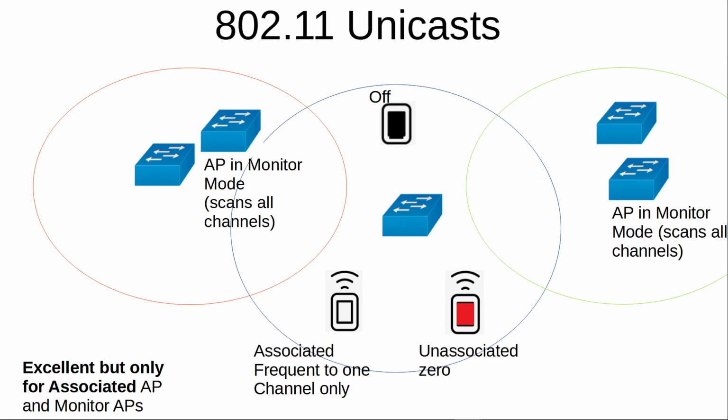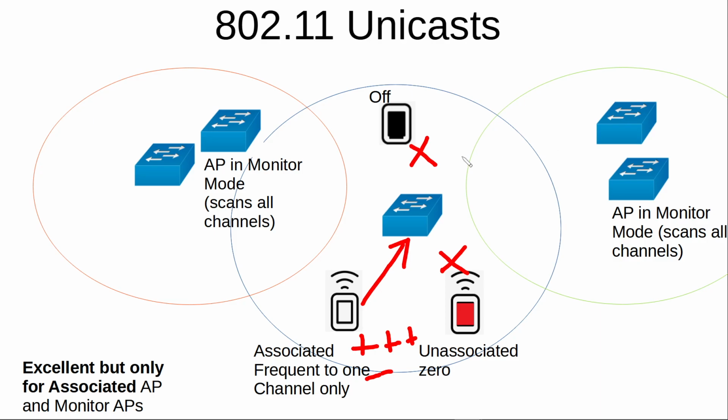You can also have unicast within your Wi-Fi. The devices that are off will not be sending unicast. The devices that are not associated to any access point will not send any unicast at all. Your devices that are associated will be sending a lot of unicast, which is good for location, but it has a drawback. These frames are only sent within one channel.